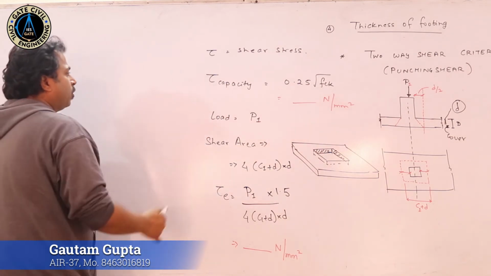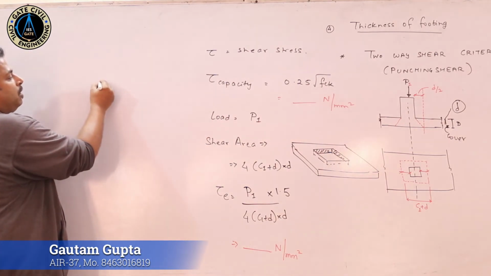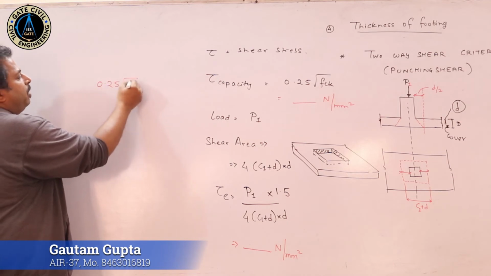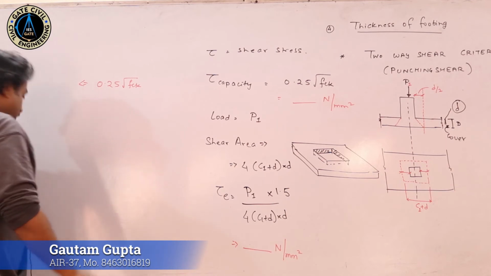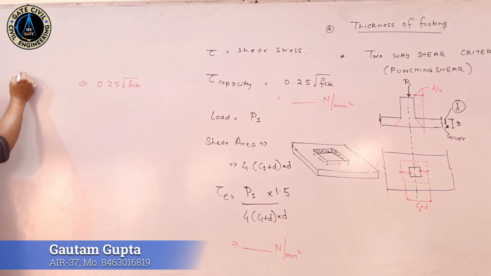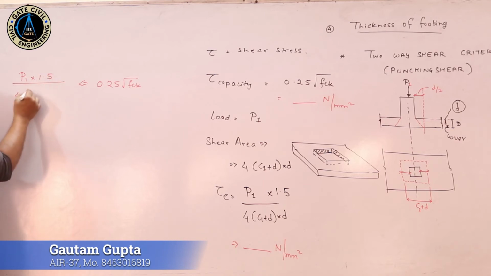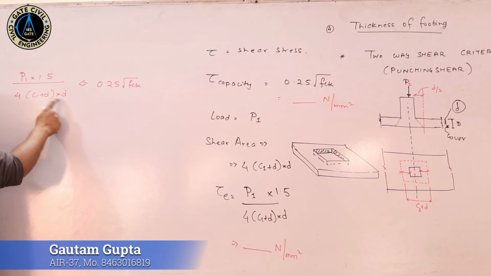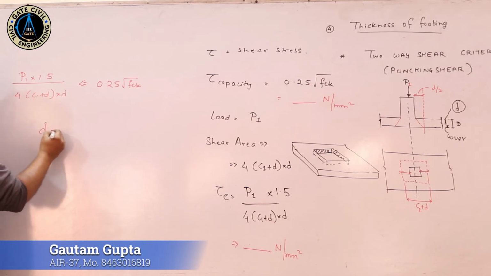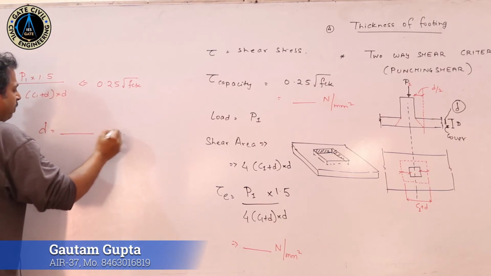So if we equate both of them, 0.25 under root fck is equal to P1 into 1.5 upon 4 (C1 plus d) into d. fck we know, C1 we know, P1 we know, so the only unknown remaining is small d. So small d we can get in terms of mm.